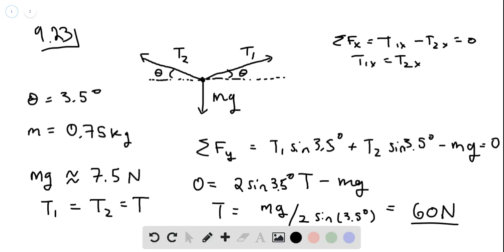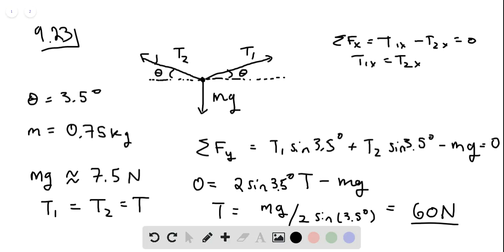There's a couple ways to think about it: you could either have this horizontal and have it coming off of there, or either way. So yes, we have two tensions, both at the same angle, and then we have the weight.